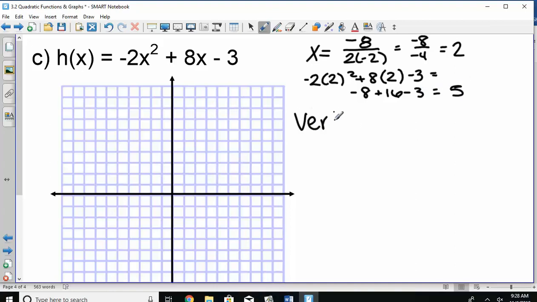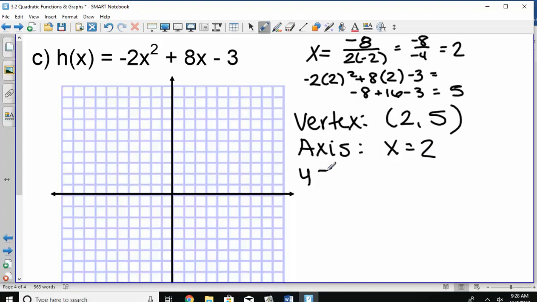So vertex is 2, 5. Axis of symmetry, x equals 2. What's the y-intercept? Negative 3.